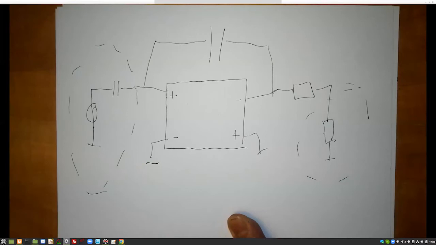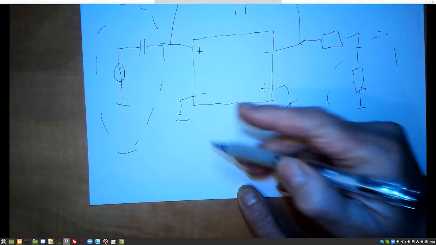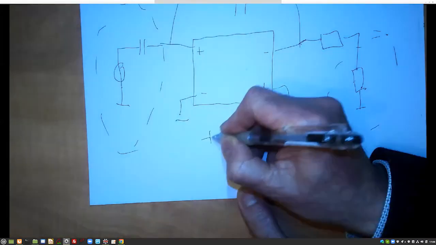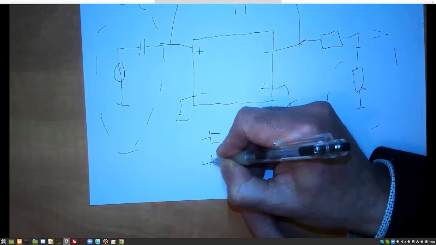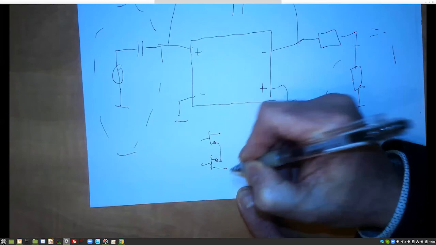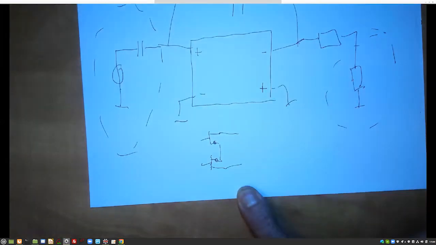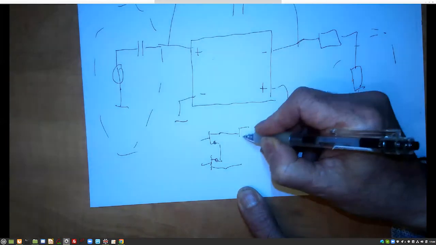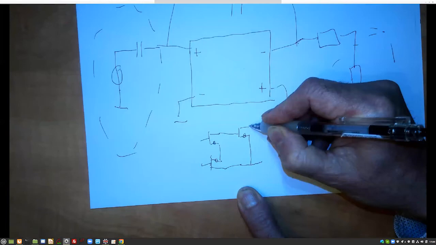But now our controller. Let's draw the controller, and the controller looks like this. We have a differential pair at the input. So forget about biasing, and I don't care about P or N at this point. I just want to see the structure. And we have the input of the second stage of the controller, which is a CS stage, connected to the output of the first stage.